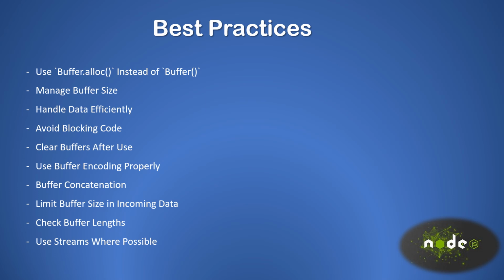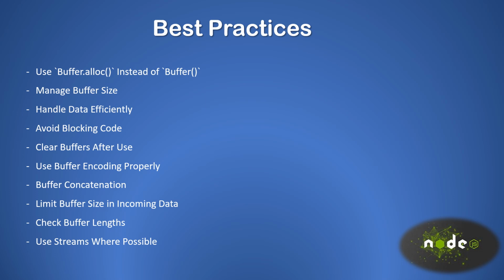Handle data efficiently: use buffers with streams for efficient handling of large files, avoiding loading entire files into memory. Avoid blocking code: when working with input output operations like reading from files or streams, use asynchronous methods to prevent blocking the event loop.